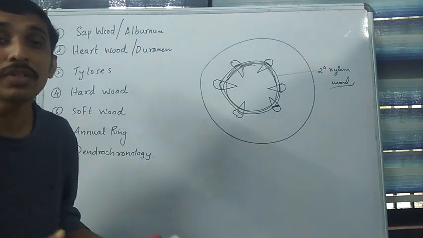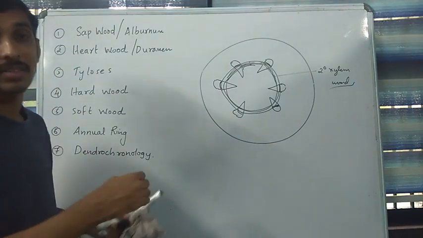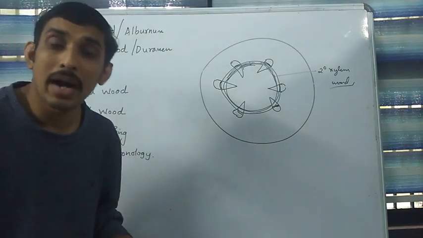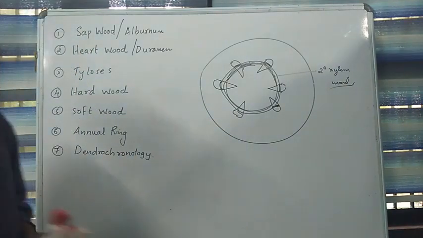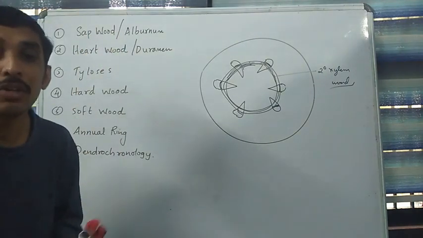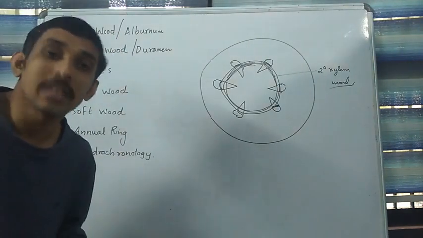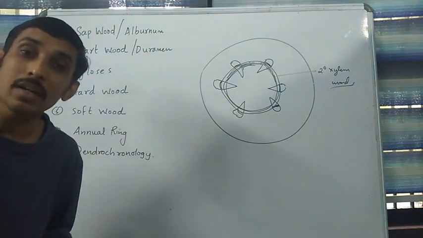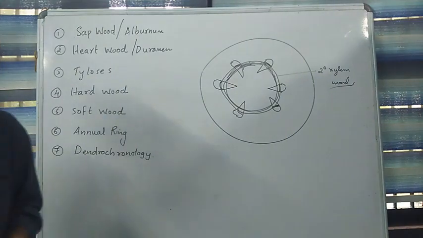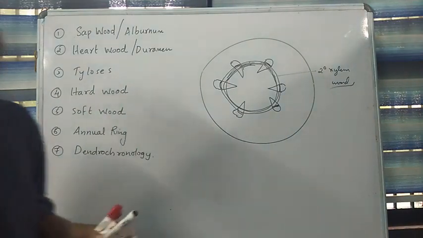Due to the presence of secondary metabolites, it shows high resistance against termites, mites, insects, etc. Whereas this light colored region, the sapwood, is newly formed secondary xylem. That secondary xylem may in future be transformed into hardwood. That is the difference between sapwood and hardwood.